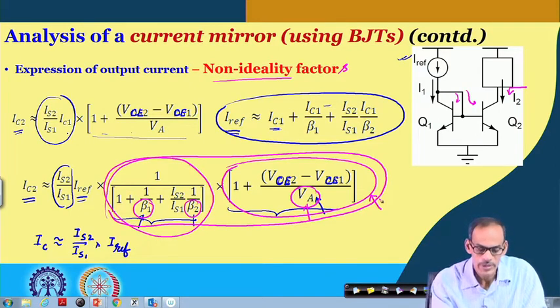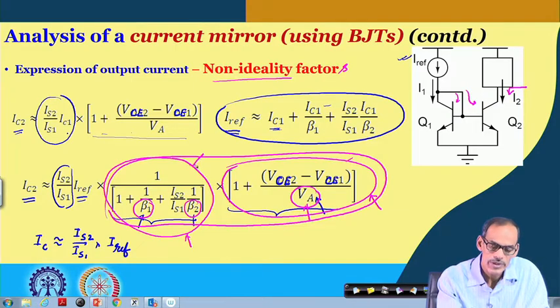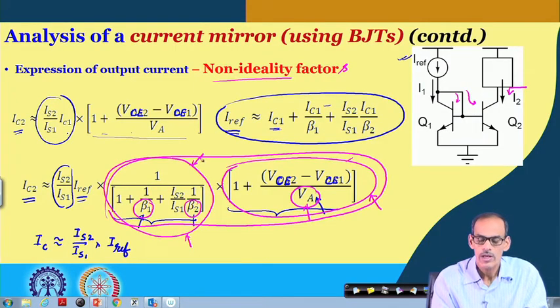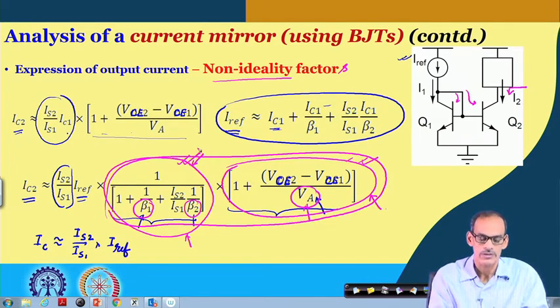On the other hand, this factor, whatever its value is, is in fact less than 1, whereas this factor is mostly more than 1. Now, this factor can be taken care of differently. So, we may have two possible options to improve this circuit. One is to increase the output resistance, or improve this non-ideality factor. The other one is improving this factor.